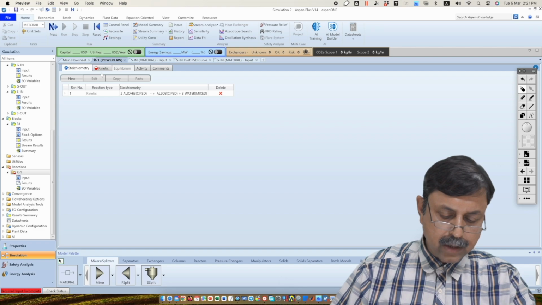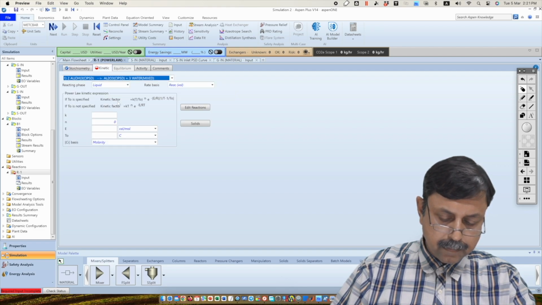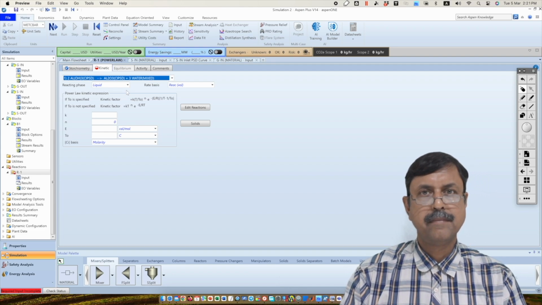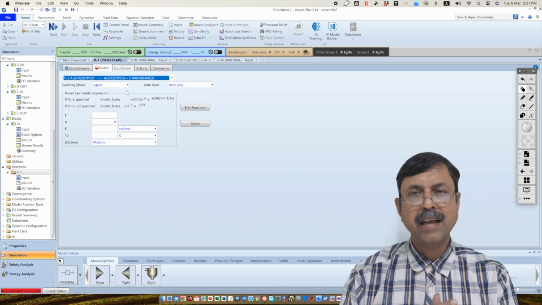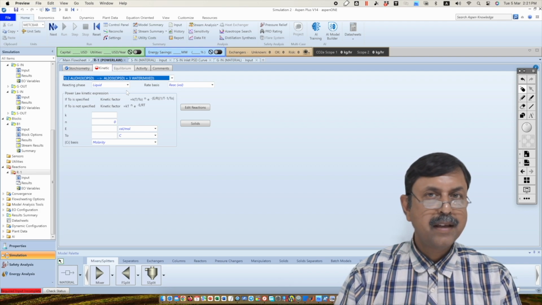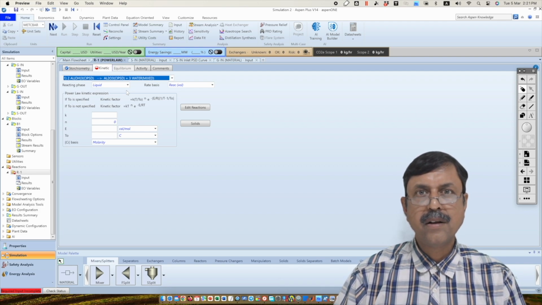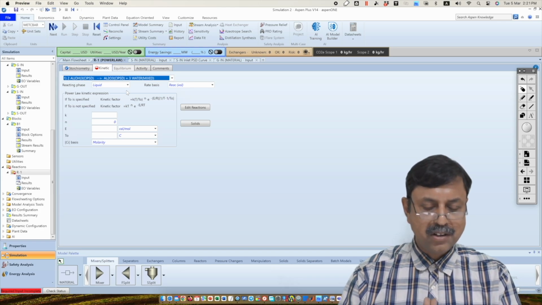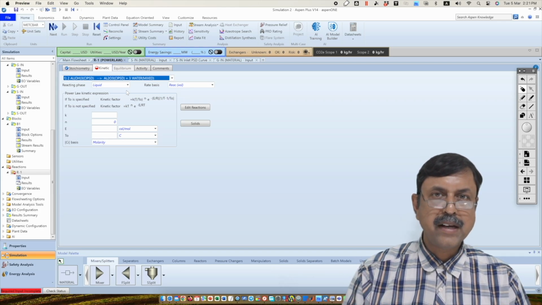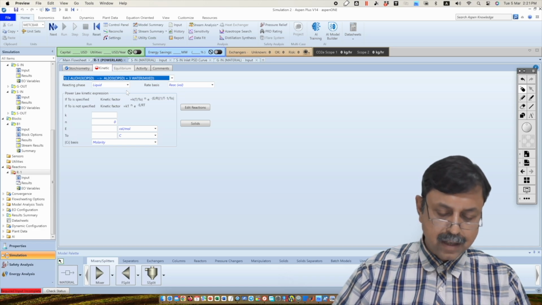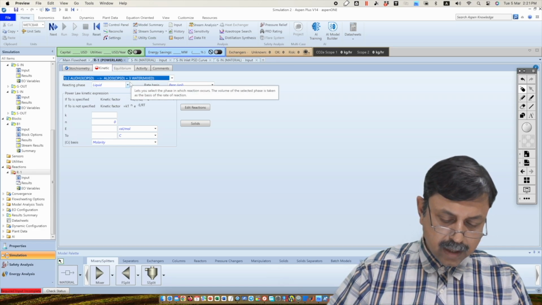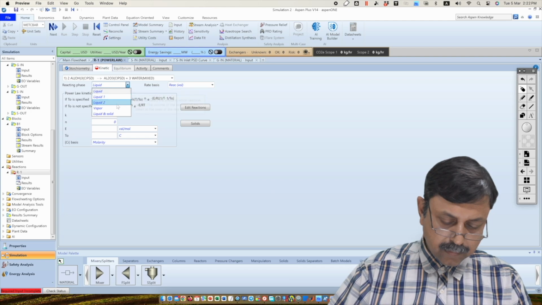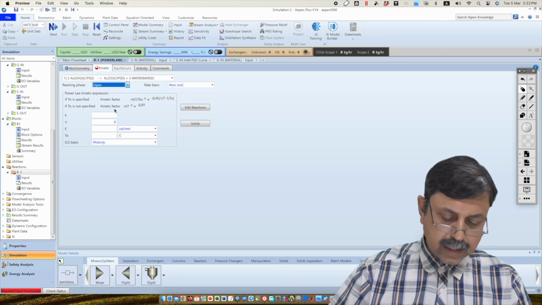And what is the kinetic equation? It is a power law. And the reacting phase: the entire operation is happening in the vapor phase, because at 1700 degrees centigrade, it cannot be a liquid phase reaction. So do not make this kind of mistake. Quite often people forget to identify the reacting phase properly. So you have to select the vapor phase.